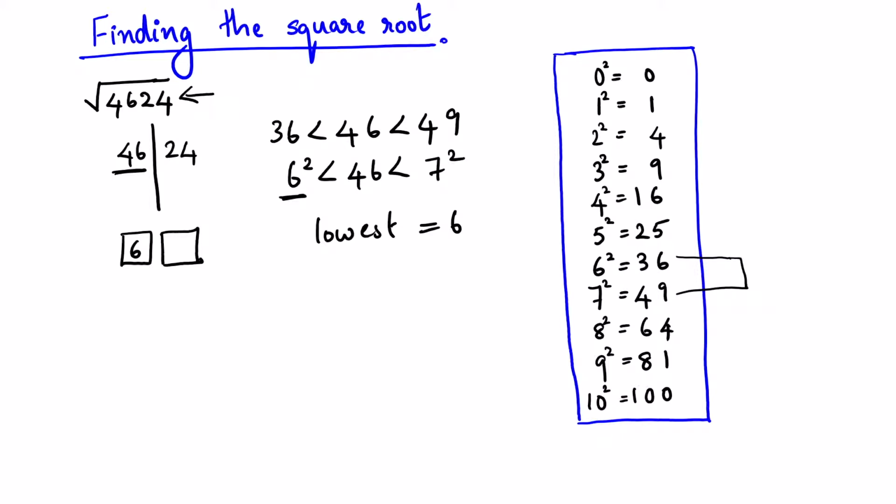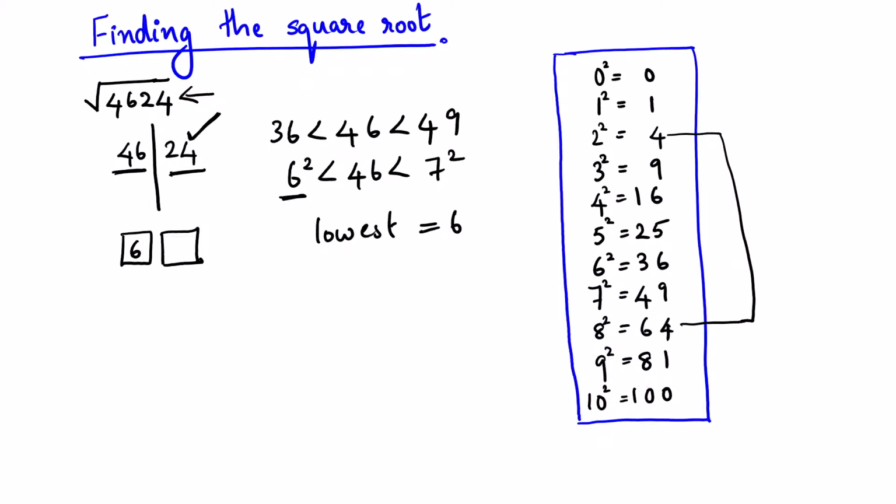Now you have to find the ones digit. For this you have to consider 24. In 24 the ones digit is 4. So you have to see which squares provide a ones digit of 4. The squares are 2 squared and 8 squared, right? 4 and 64.